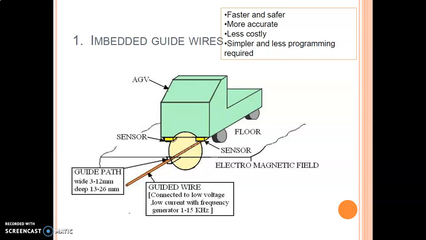You can see in this we have fixed one wire. Its width is 3 to 12 mm and depth 13 to 26 mm. Here we have fixed sensors on both sides, represented in yellow color. Here we have an electromagnetic field, and the guide wire is connected to low voltage and low current with a frequency of 1 to 15 kilohertz.